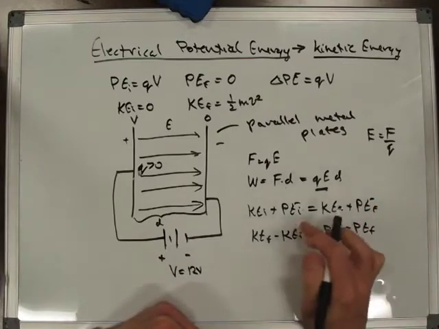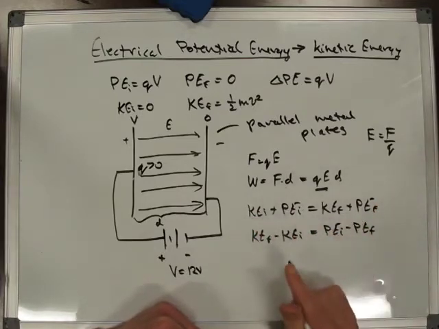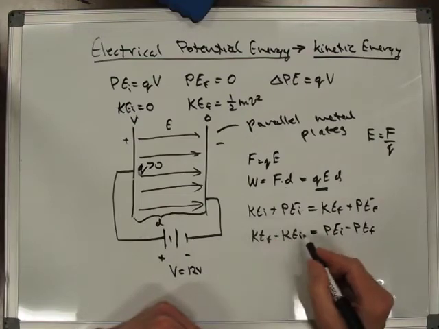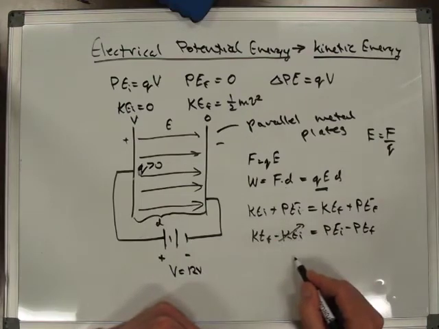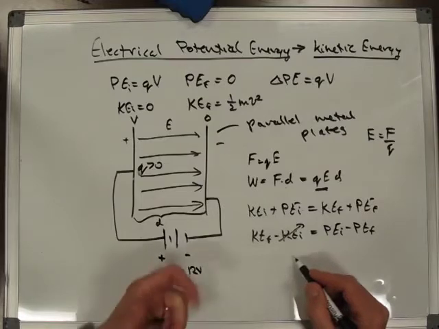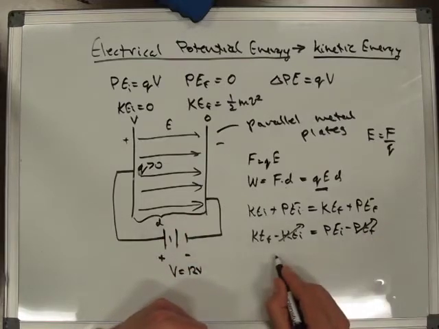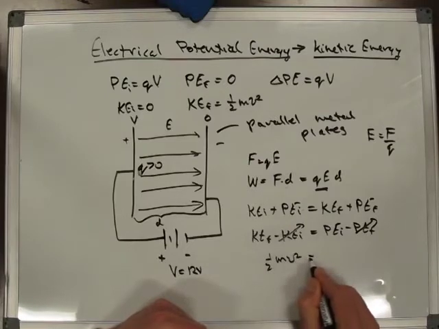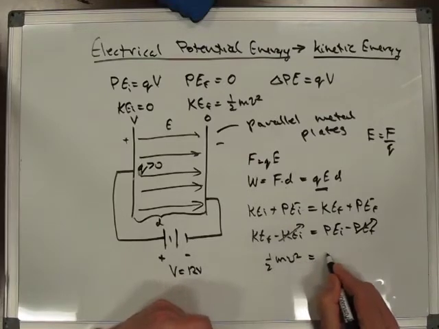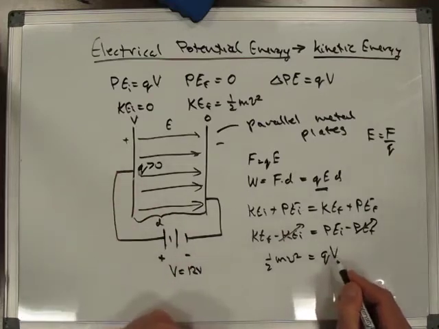So I move the PE to this side and the KE to that side. Well, the initial kinetic energy was 0 because we said the charge was stationary, and the final potential energy was 0. And so what we get is 1/2 mv squared is equal to QV, where V is the voltage across there, right?